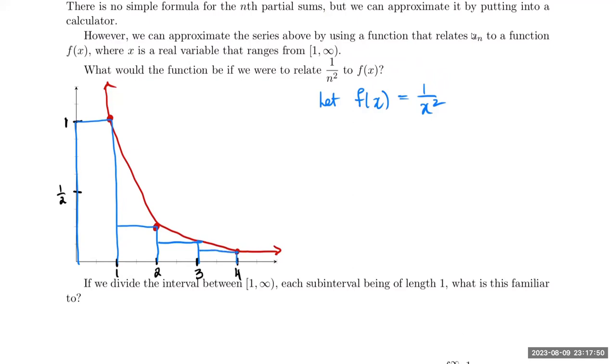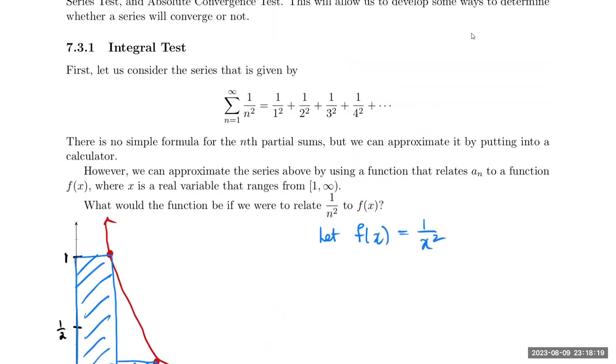So this looks a little bit familiar to us. We'll mention that in a second. Since each length here is going to be 1 and the height is 1, this entire area is going to equal 1. And then if we were to add more areas, if we have more terms, it would actually equal the sum over here.